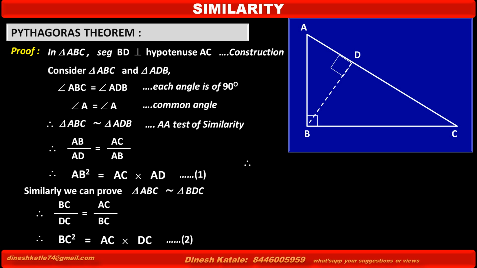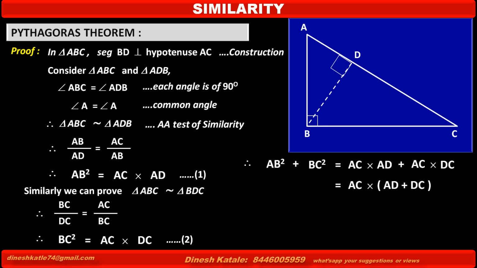Therefore, by adding statements 1 and 2 we get the addition of left hand sides, that is AB square plus BC square, is equal to the addition of right hand sides, that is AC into AD plus AC into DC, which, by taking the term AC common, we get AC into, in bracket, the remaining terms AD plus DC.